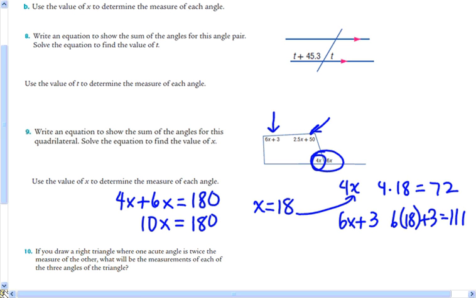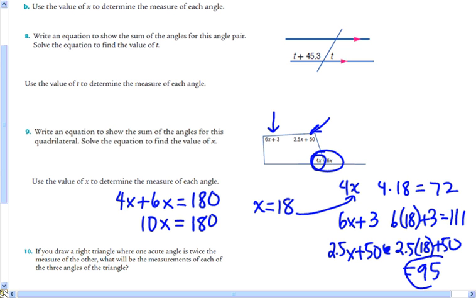And the other expression, 2.5x plus 50, is equal to 2.5 times 18 plus 50, and that's equal to 95.